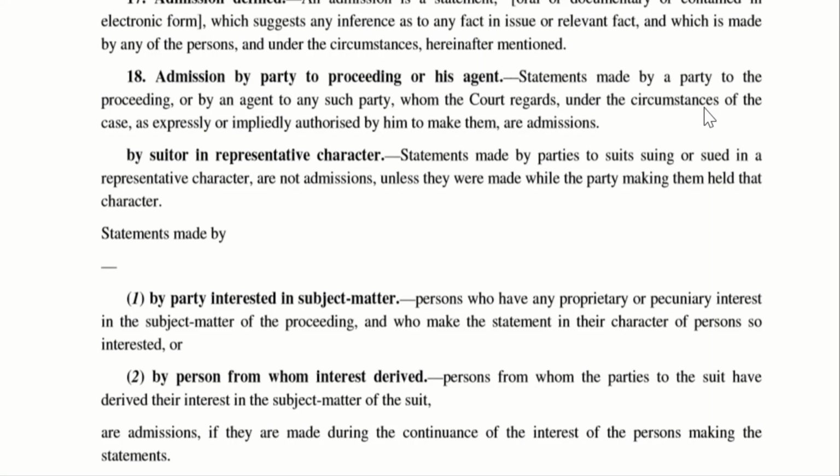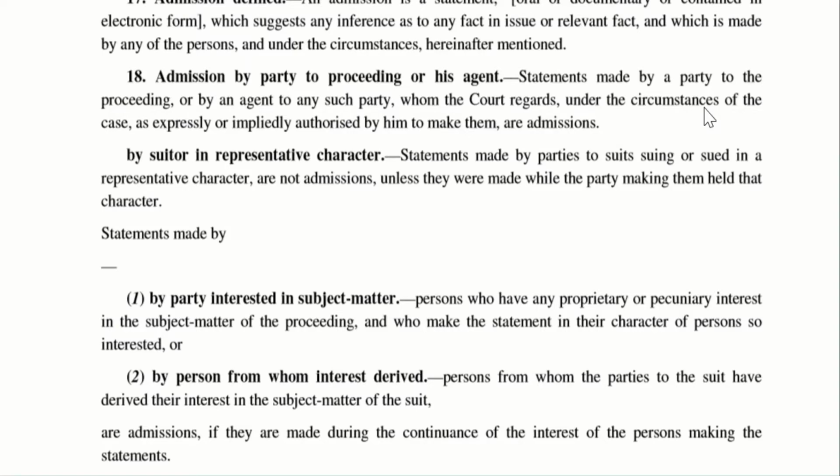Section 18 is admission by party to proceeding or his agent. So, let us imagine a scenario. A person is conducting a case, and in that case, he falls sick or he gets hospitalized. He asks his brother to represent him in the case.